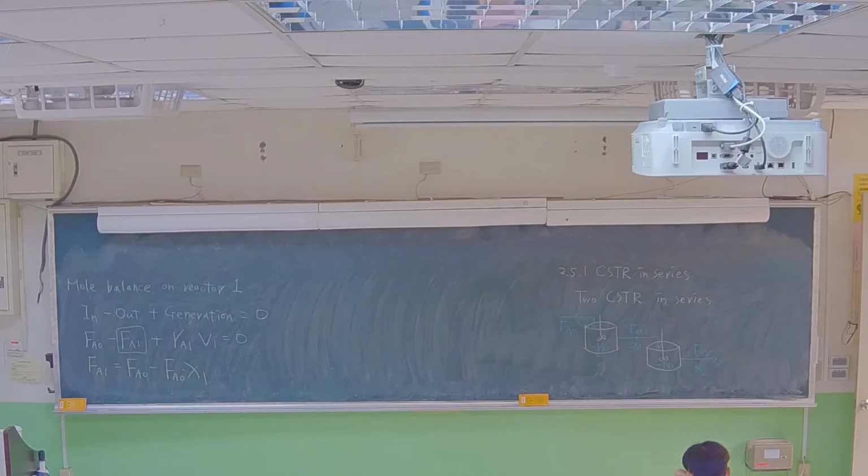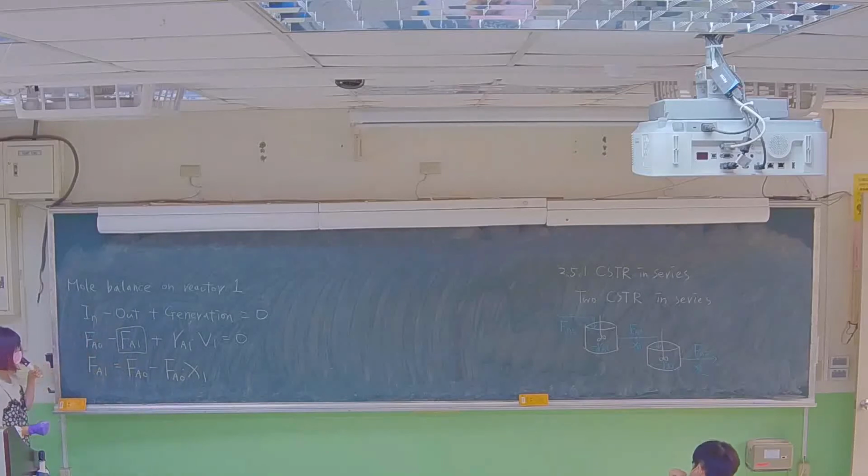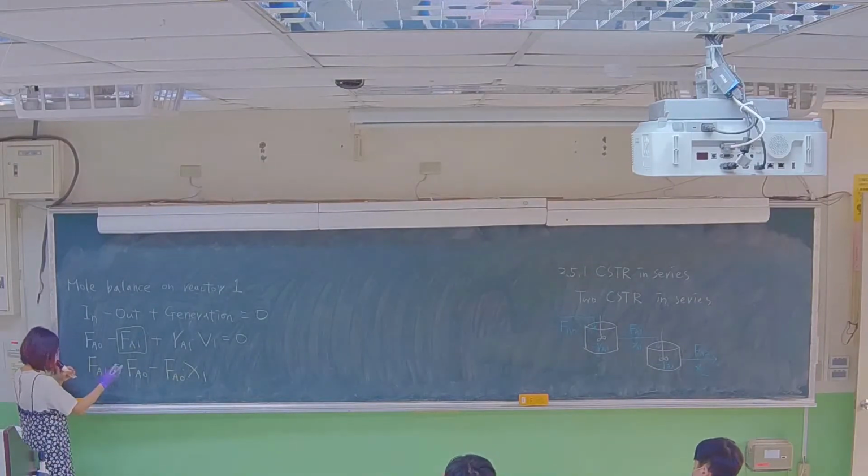At slide 9, okay? If you forget, you can go to slide 9. We have talked about a mole balance relating to conversion. So it is FA in slide 9. We have a formula in slide 9. FA is equal to FA0 minus FA0 X. But now it is in series, right?